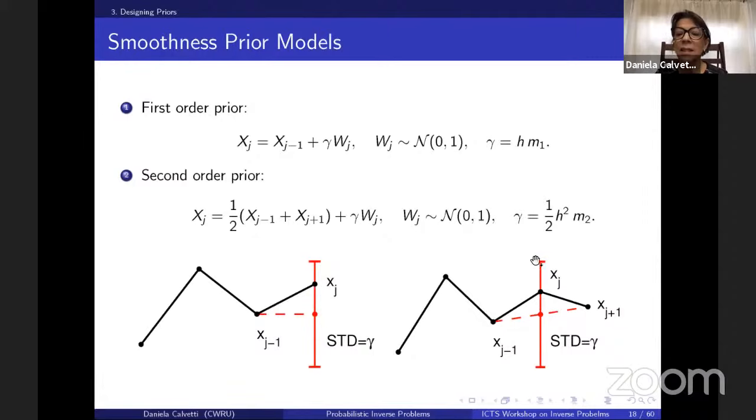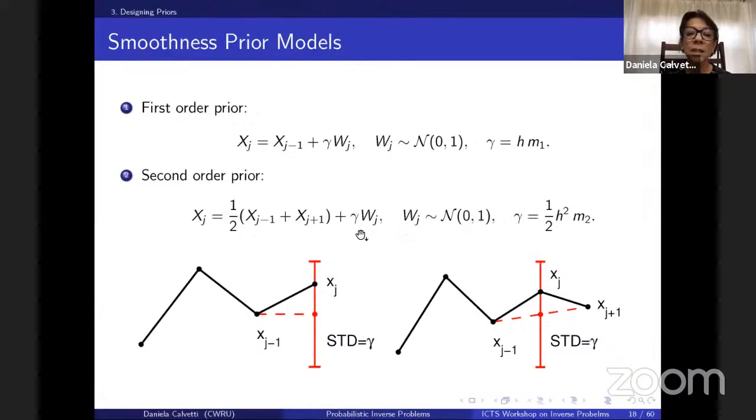But I'm saying that if I knew the values at the previous location, on the left, and on the right, then according to what I've said about the signal, the value in the middle should be about the average of the two plus some innovation.